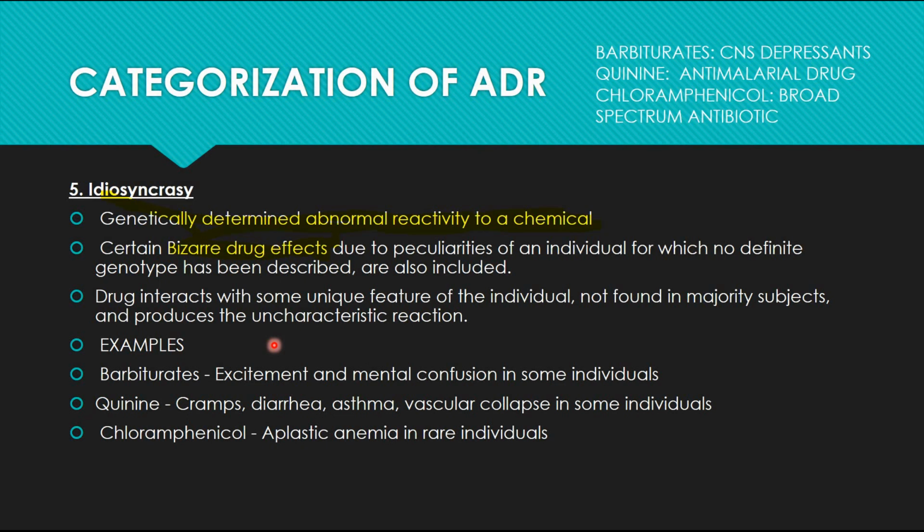So the main thing is, what is idiosyncrasy? Idiosyncrasy is an abnormal reactivity to a chemical, an unnatural or uncharacteristic reaction that takes place. Examples are barbiturates, quinine and chloramphenicol. Chloramphenicol is a broad spectrum antibiotic, which is written on the right hand side here. You can see.